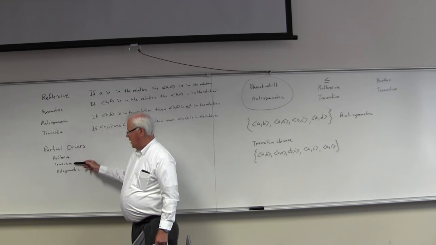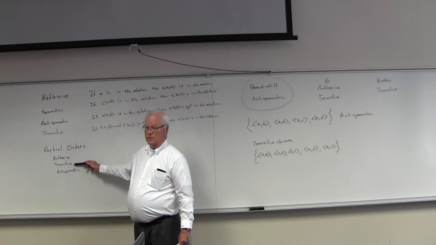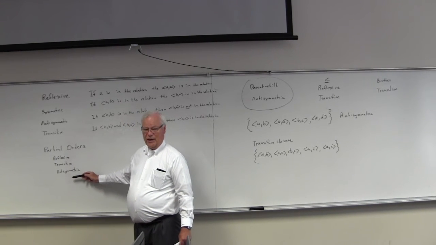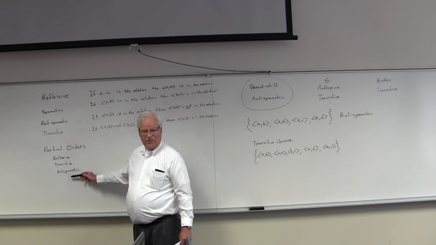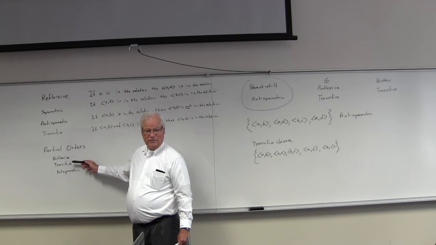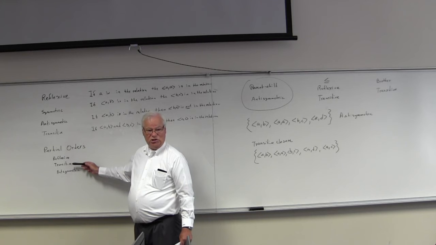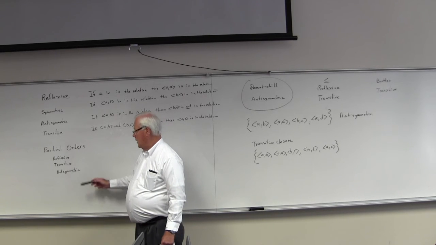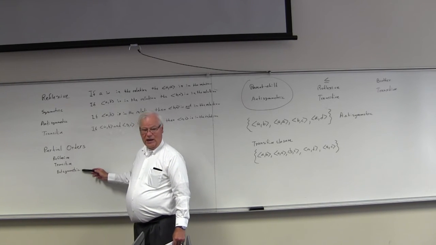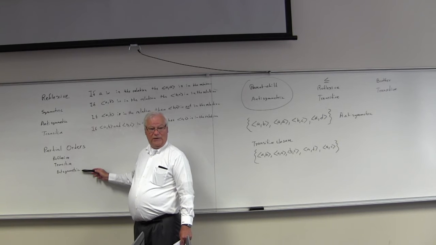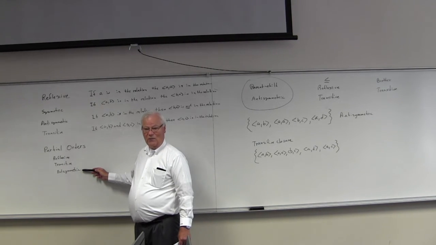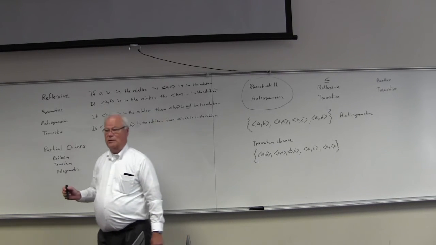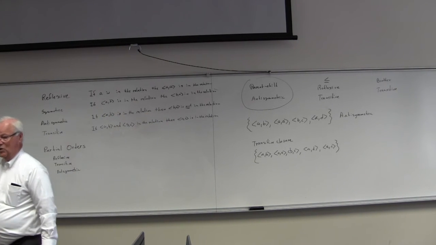If there's somebody behind you and then somebody behind them, isn't that second person also behind you? Yeah. So there's a chain, isn't there? If somebody's behind you, can you also be behind them? No. So the line at Walmart is a good example of what it means to be a partial order.